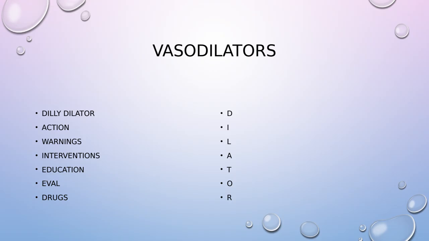So hydralazine can be used out in the community, but you want to educate your patient. They need to be checking their blood pressure and their heart rate. They have to notify their provider if they have a 5-pound weight gain, or if their heart rate is 20 beats over their baseline. So let's say they're running 80 and all of a sudden they jump up to 100.